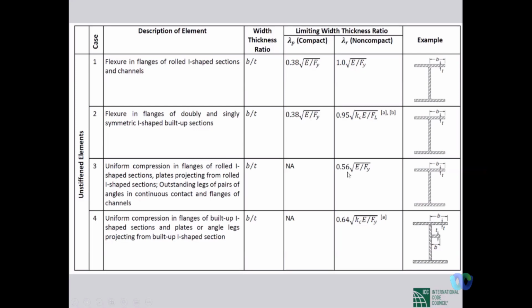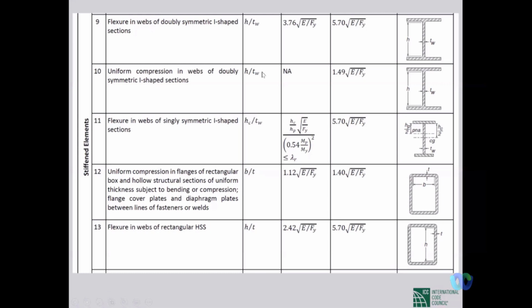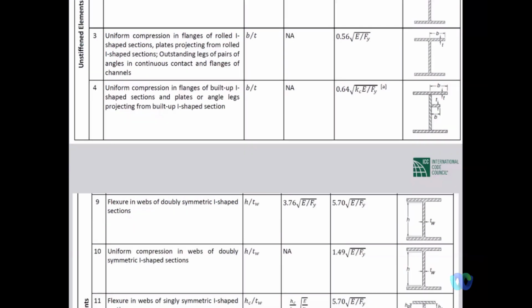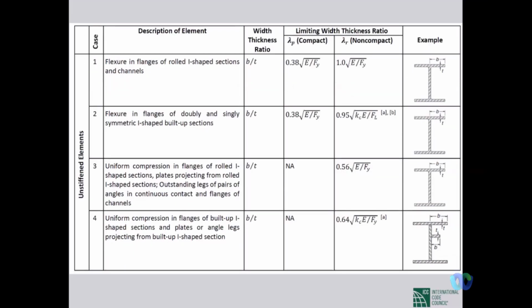Depending on this b by t ratio, and in case of web, h by t_w ratio, where t_w is the web thickness, we define the slenderness of the elements. And we check if a section is susceptible to local buckling or not. By checking that, we put some limits on these slenderness ratios. These limits are shown here, lambda p, lambda r.